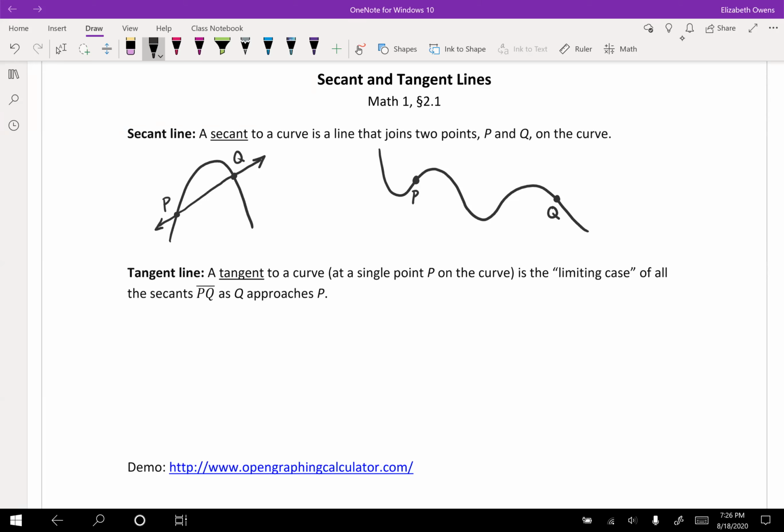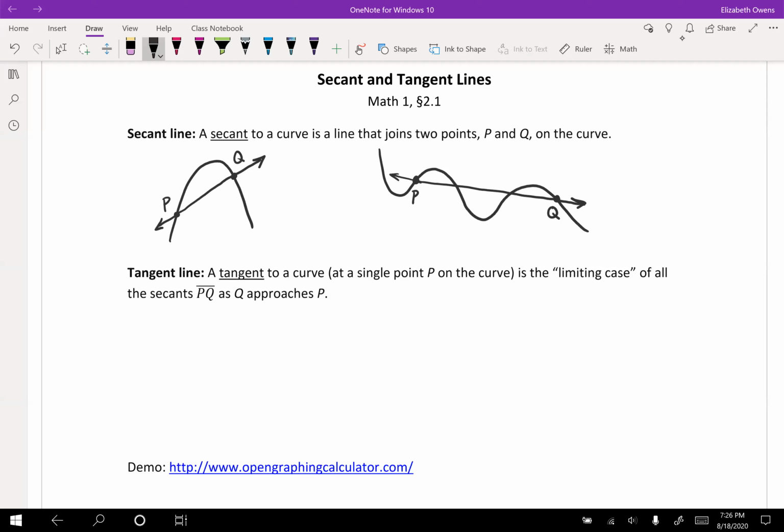It's just the line that's going to join those together. Like so. Okay, so that's a secant line for that curve between those 2 points. And what we're looking at here is actually going to relate to the average rate of change of that function. We'll see how that ties in a little bit later.